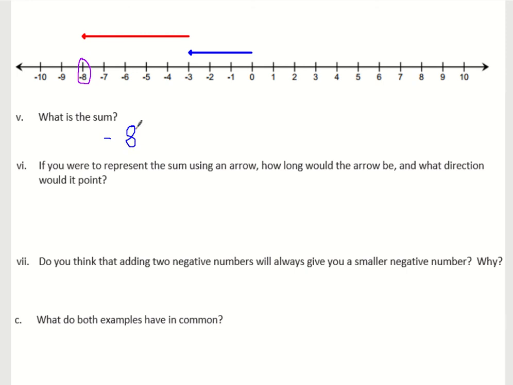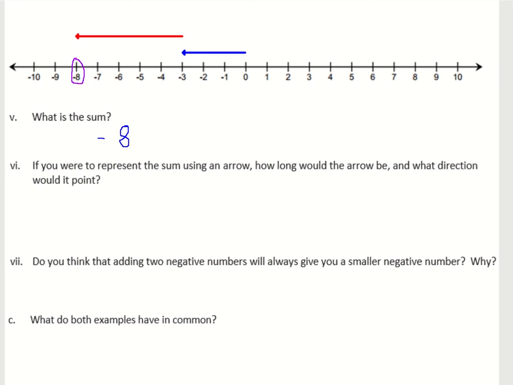Then what it wants us to do is, just like we did in that last situation, it's asking us to draw another arrow to represent our sum.